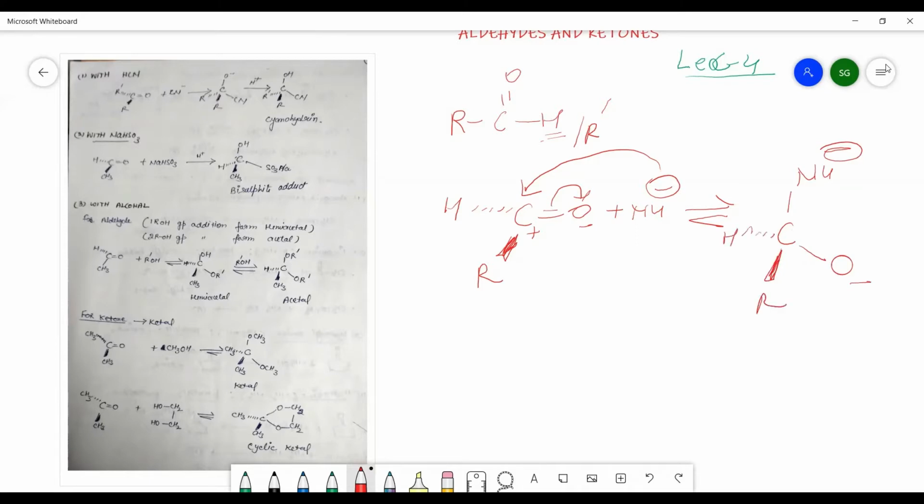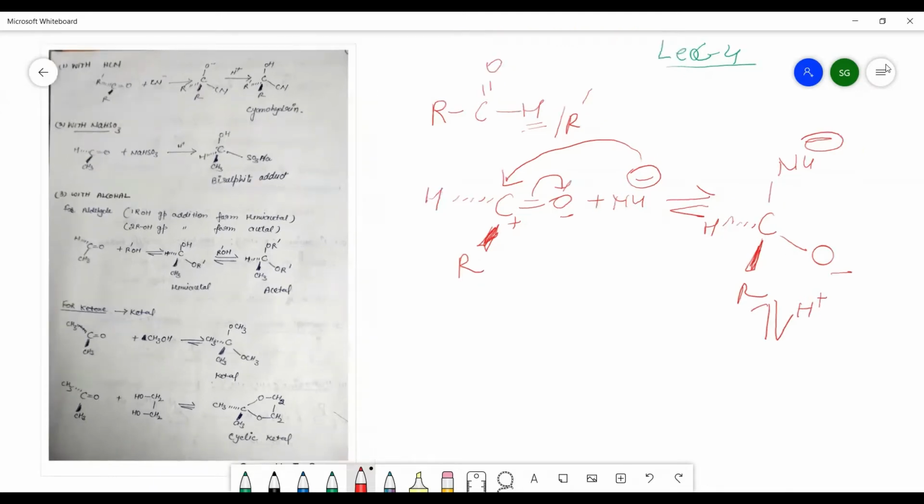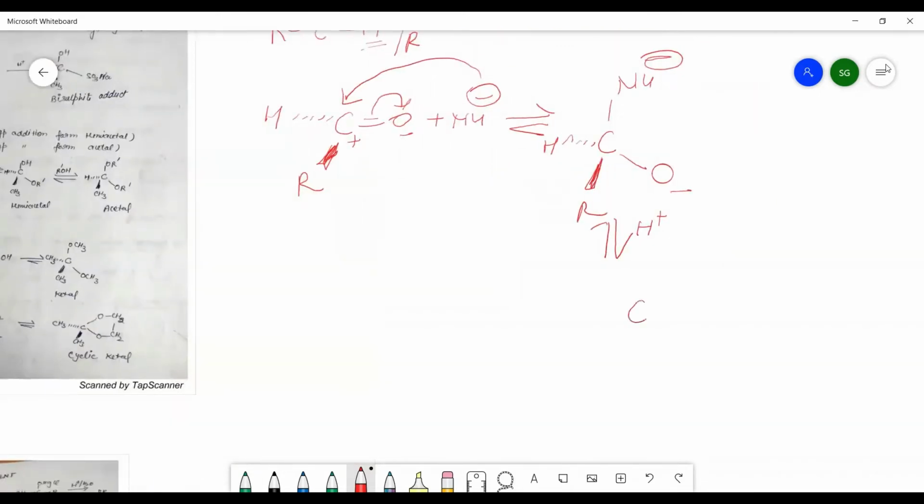So this tetrahedral intermediate will form, and after that there will be addition of the H positive ion, and we will get the formation of this kind of product in aldehydes and ketones. So you will see that there are two steps. This is the slow step and this is the fast step.